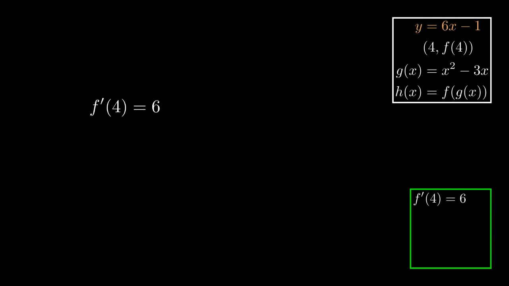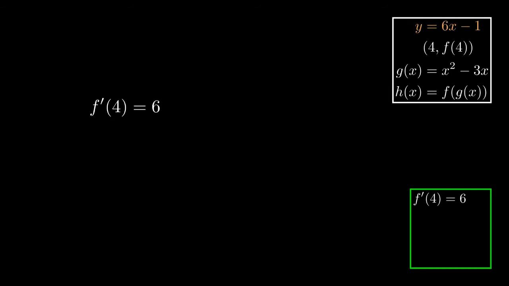We have the tangent line at x equals 4, so the value of the derivative is just defined as the gradient of the tangent, and that is 6. The tangent line is given in standard form, y equals 6x minus 1, so the gradient is 6. That's the value of the derivative.